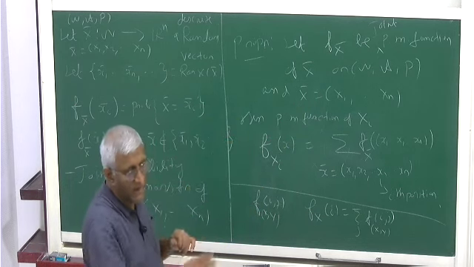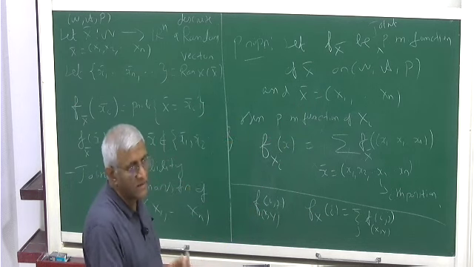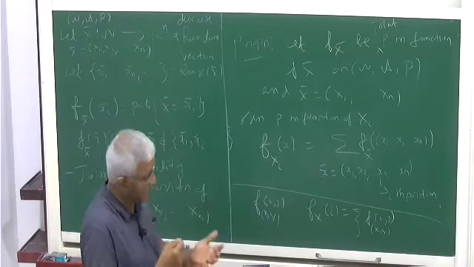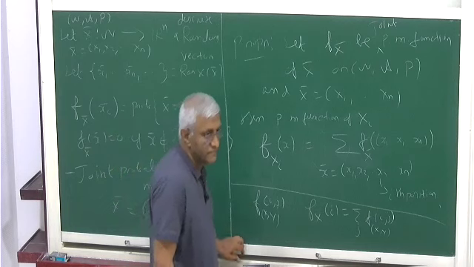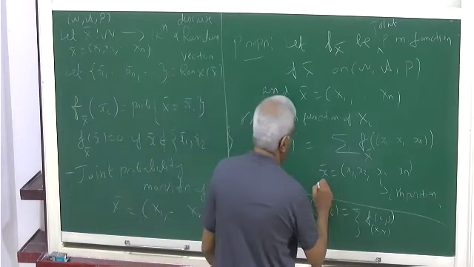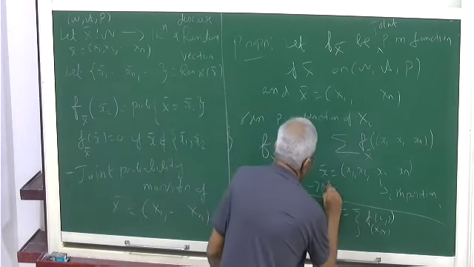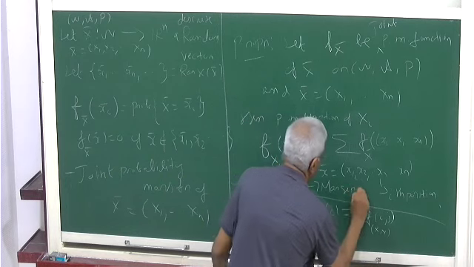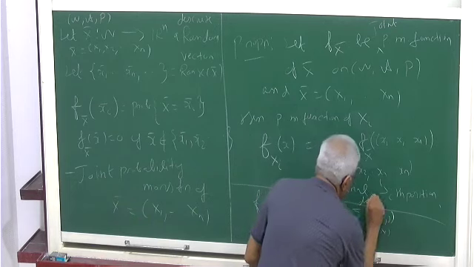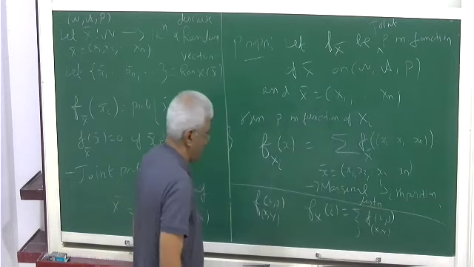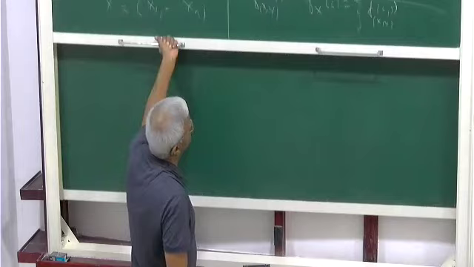You sum over all the other indices except one, and you get a mass function on R. That is a marginal distribution. We will study this again. Here it is just for our record.